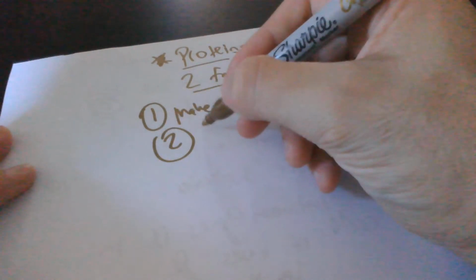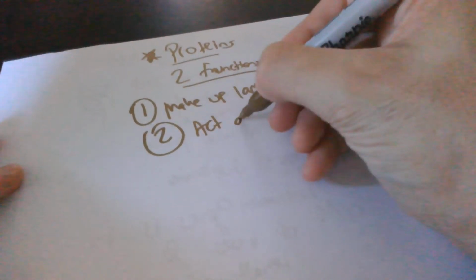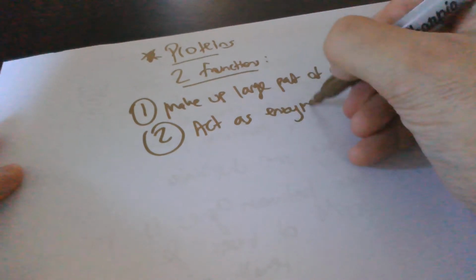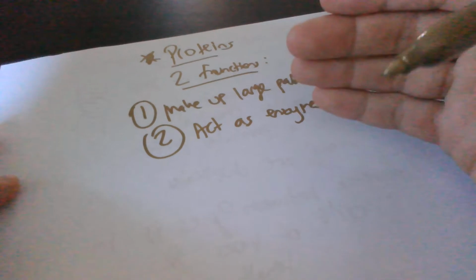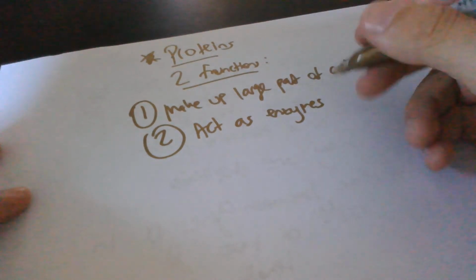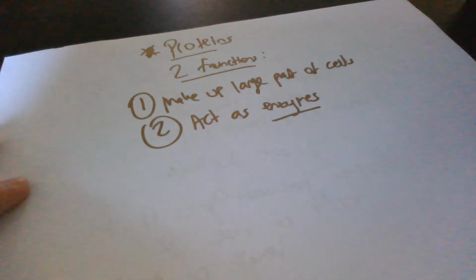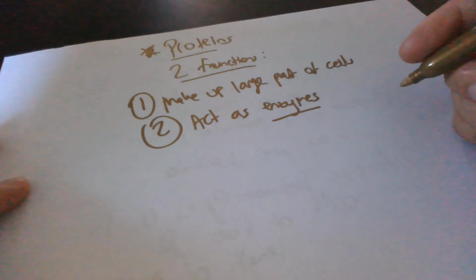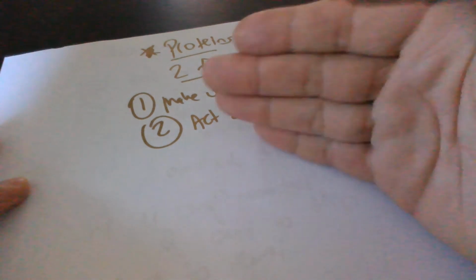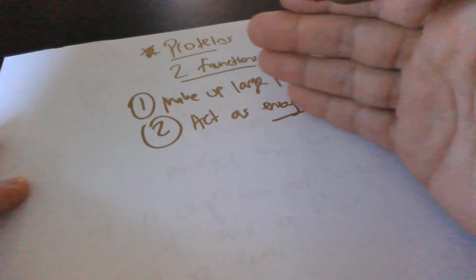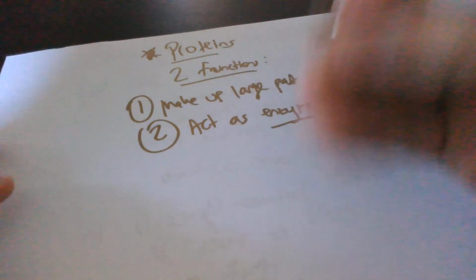Number two, they act as enzymes. Enzymes are chemicals that control all other reactions in cells. So enzymes are chemicals that control reactions in cells. And basically, as I mentioned, genes instruct a cell to put together a particular protein, right?